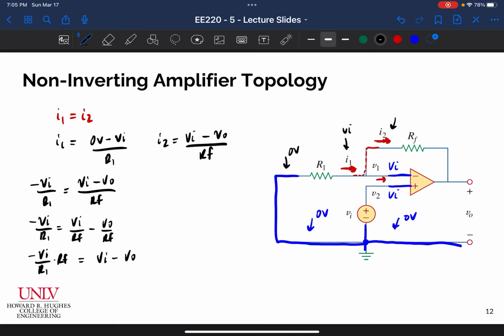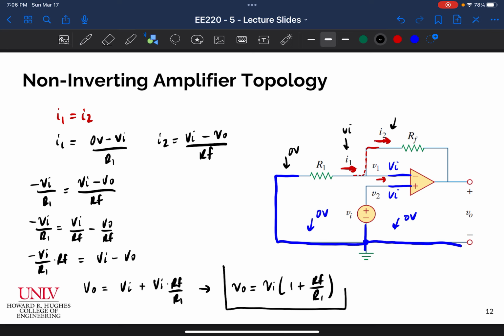And then I get that V out is equal to V in plus V in times RF over R1, or I can factor out a V in, and I get that V out is equal to V in times 1 plus RF over R1. And that is the expression for my non-inverting amplifier topology, okay?